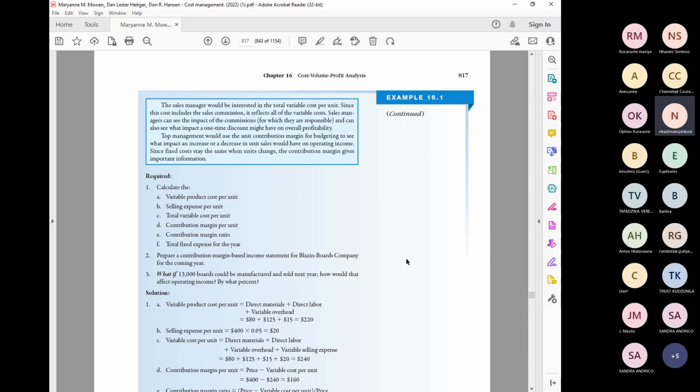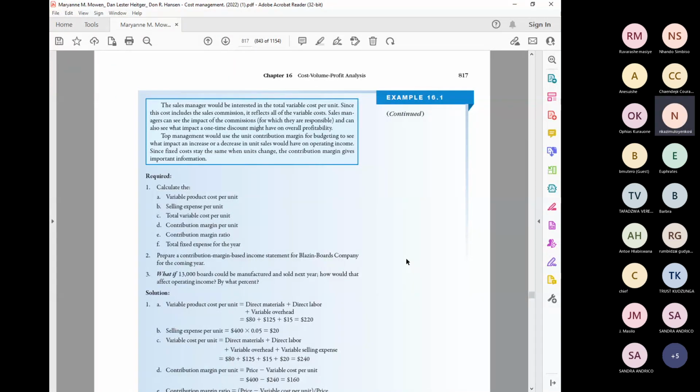Since fixed costs stay the same when units change, the contribution margin gives important information. Required: 1. Calculate the variable product cost per unit, B, the selling expense per unit, C, the total variable cost per unit, D, contribution margin per unit, E, contribution margin ratio, F, total fixed expense for the year. 2.